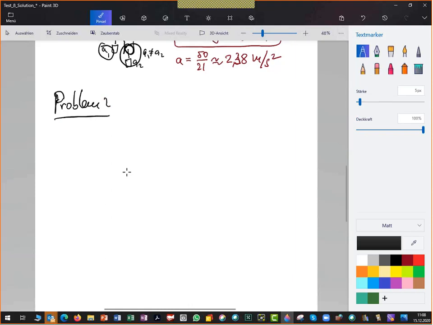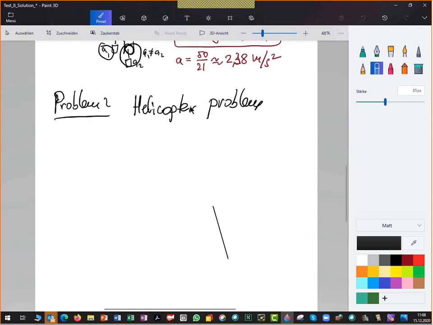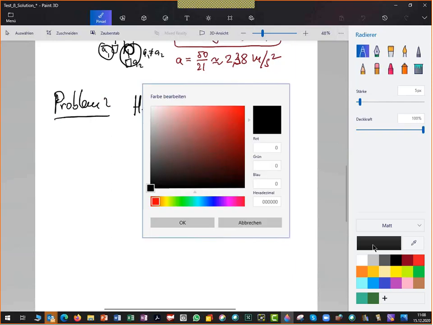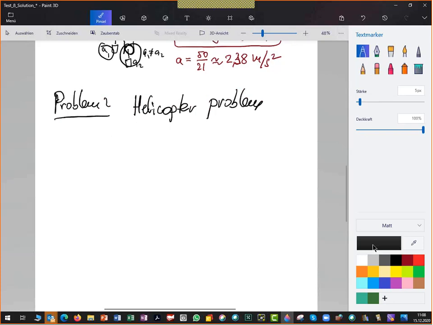I will call it a helicopter problem. So, this thing I've drawn, I hope you could recognize it as a helicopter, maybe a strange one.